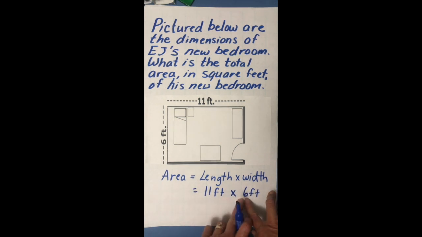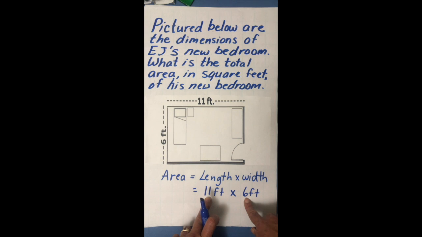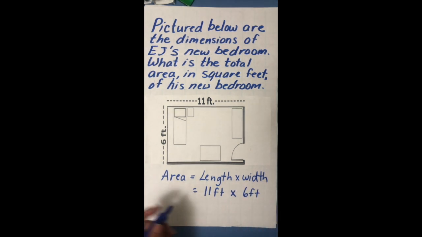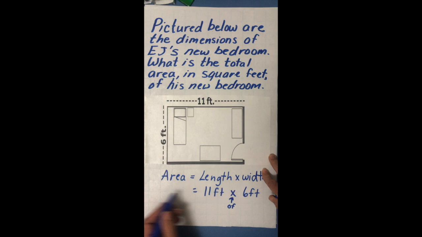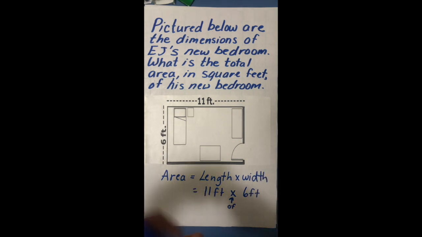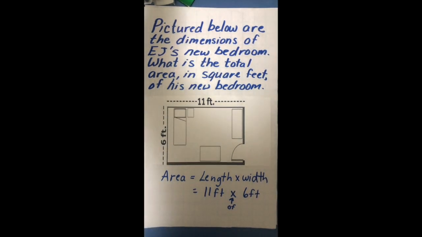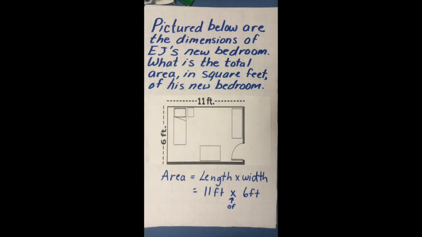So now all I have to do is multiply those, but I don't know my 11s and I don't know my 6s up to 11. But I do know that this means 11 groups of 6. So all I have to do is make 6 11s. So let's do that. So I have 1, 2, 3, 4, 5, 6, 7, 8, 9, 10, 11.